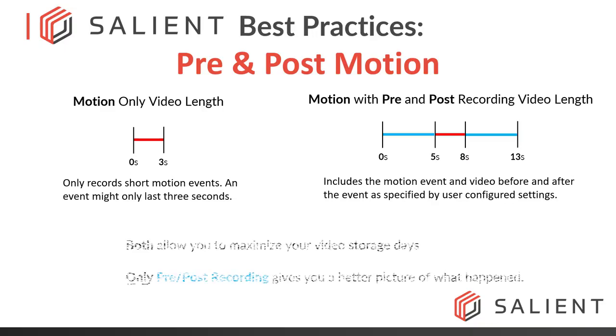This results in a 13-second motion clip that shows us what happened before, during, and after the motion event was triggered. In essence, pre- and post-motion recording give you a better picture of what happened while still maximizing your video storage capability.